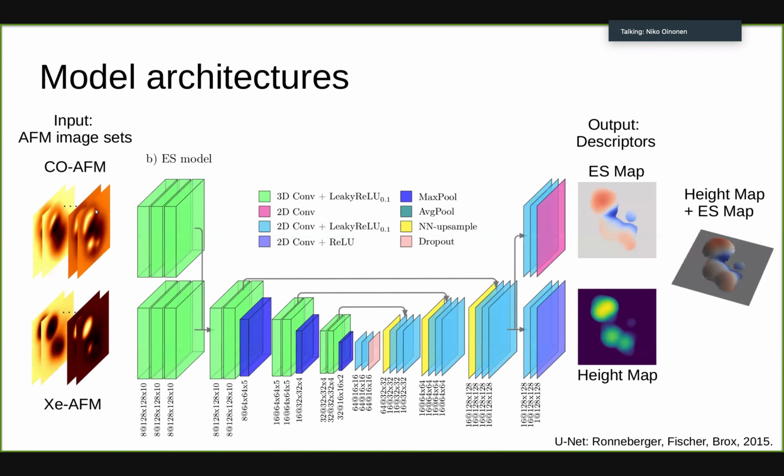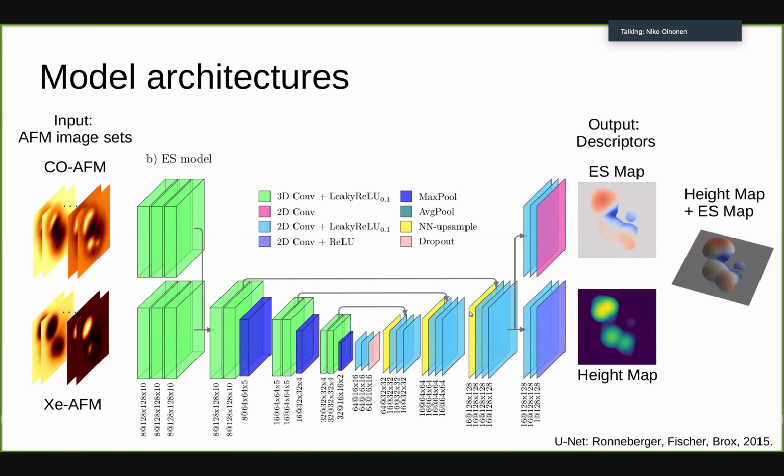Here we actually have two different inputs to the model: two different sets of AFM images, where each set has been imaged using a different functionalization of the AFM tip. So if you recall, we have, for example, this CO molecule at the end of the tip. Here we have one AFM set imaged with a CO tip, another one with a xenon tip, and I will explain in a minute why we do it this way.